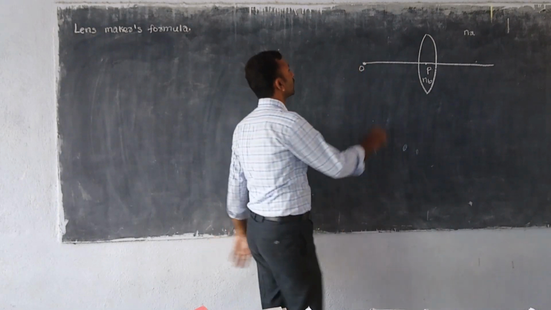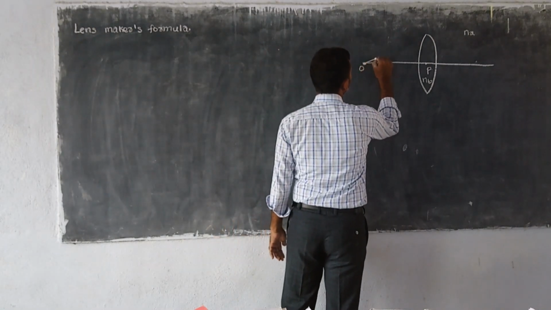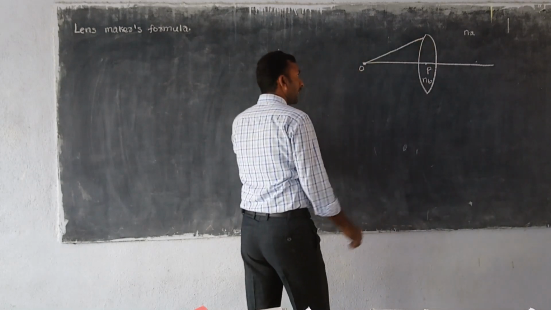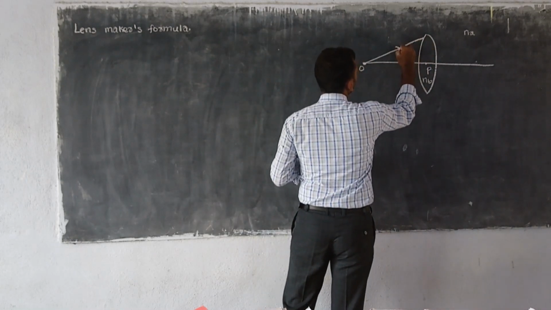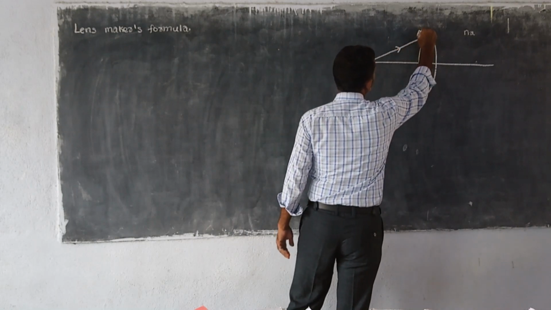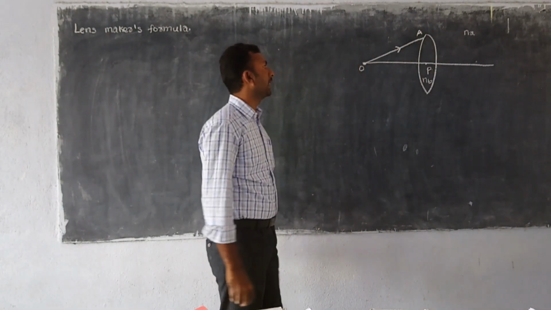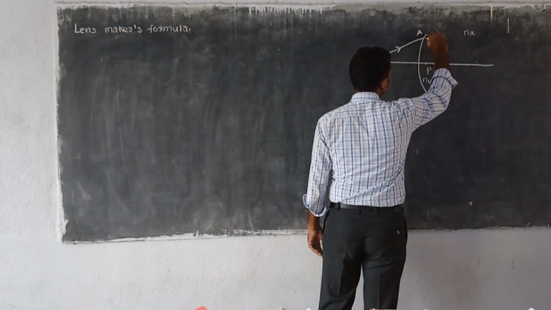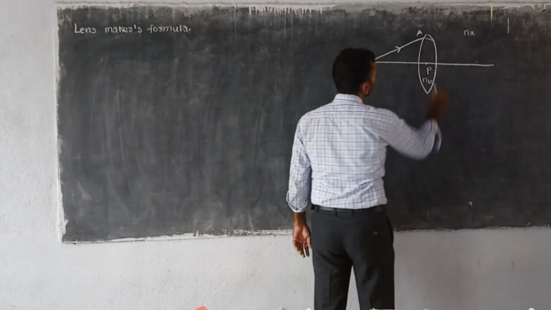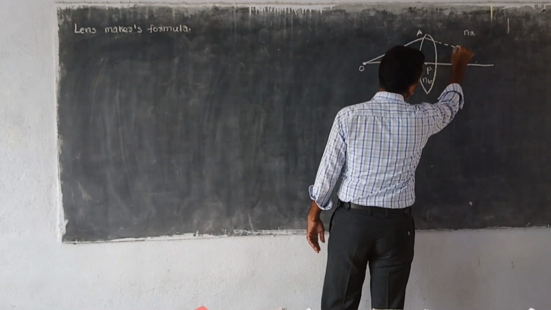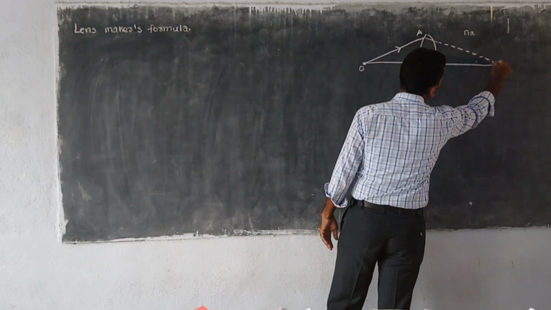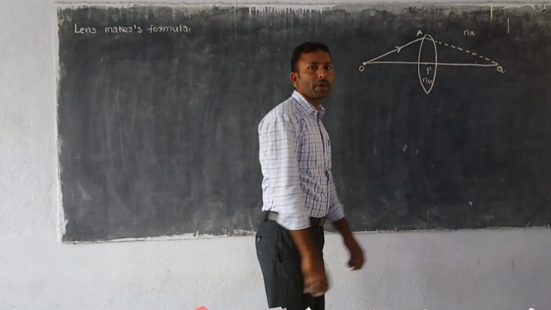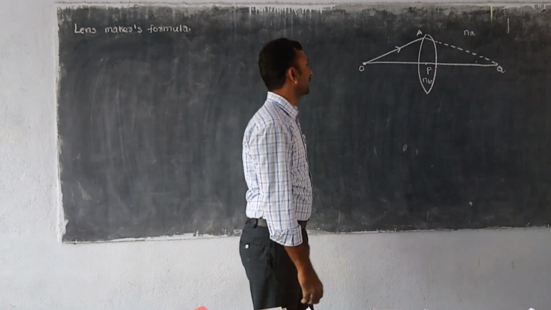One light ray is going from the point object, making some angle with the principal axis, and it is incident on the lens at point A. After refraction it goes in the direction of point Q, intersecting the principal axis at point Q.